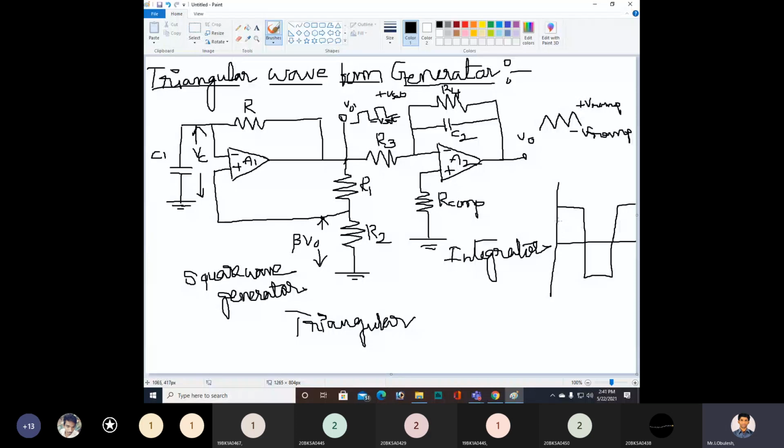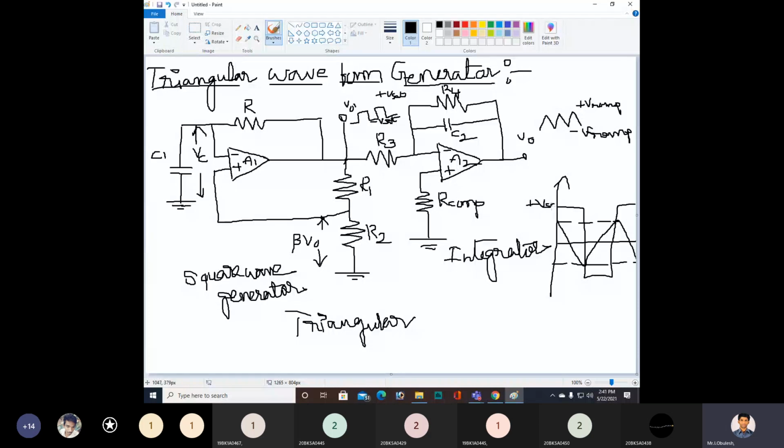Okay, this is the diagram. First, the square wave means plus V saturation.